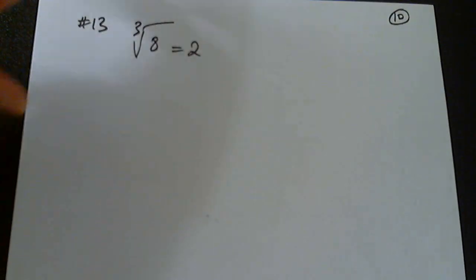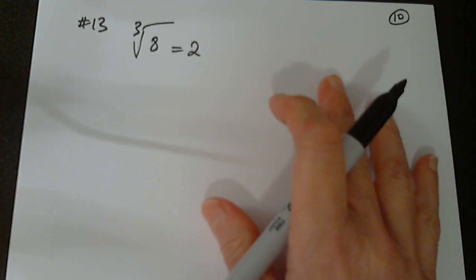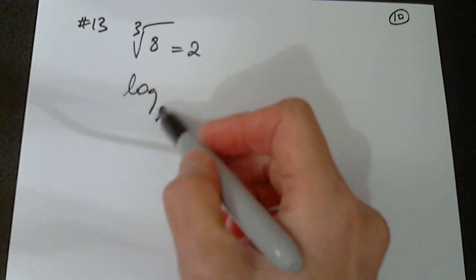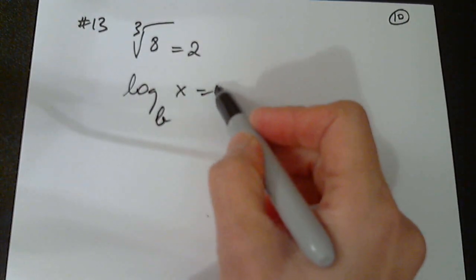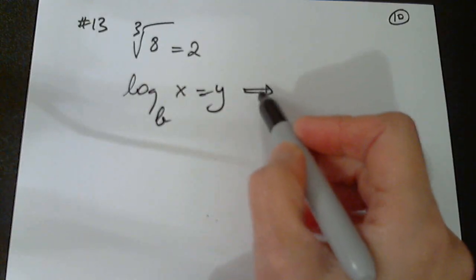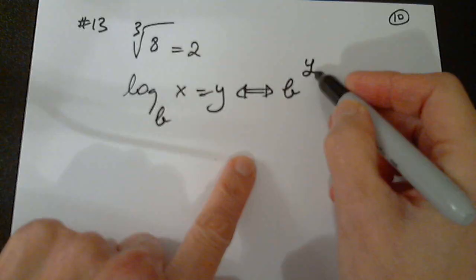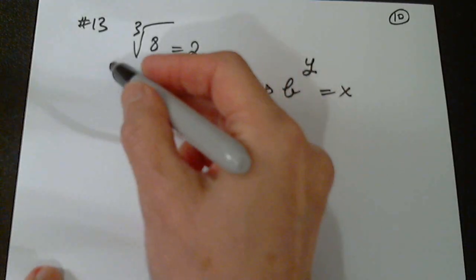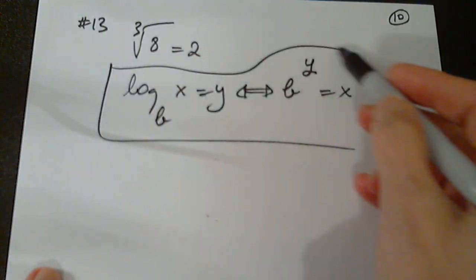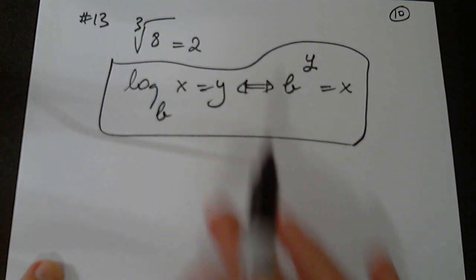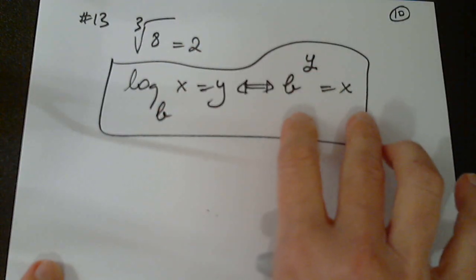What I highly recommend is write the relationship. What is the relationship? Log base b of x equals y is equivalent to b raised to y equals x. Okay, so what am I going to do next? This is exponential, so I'm on this side.